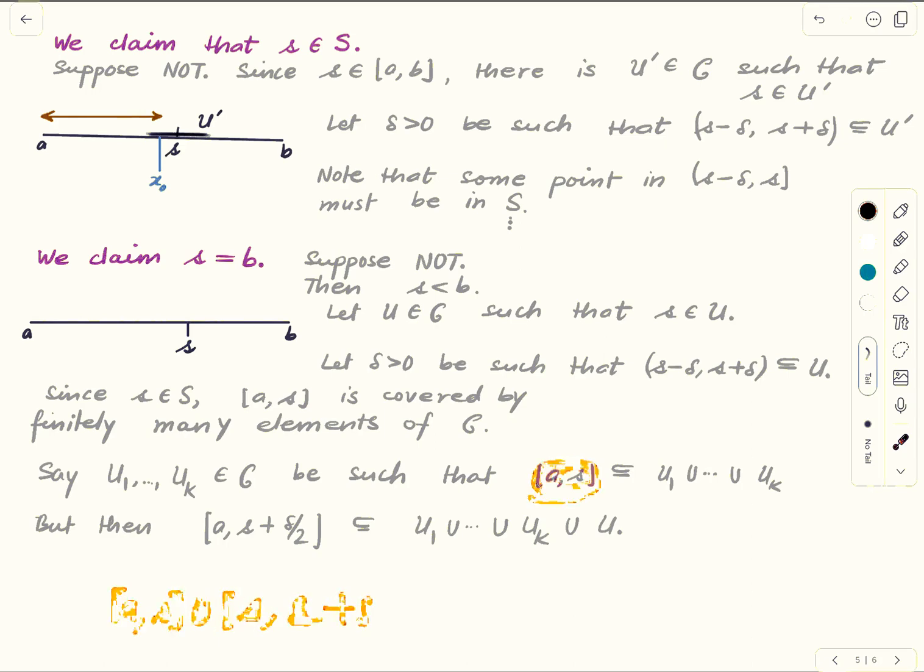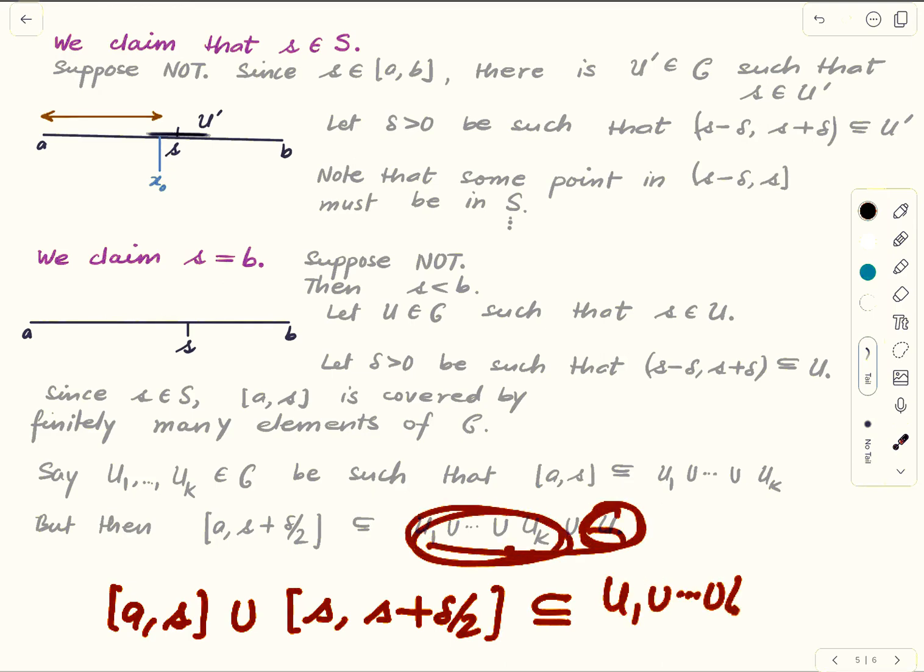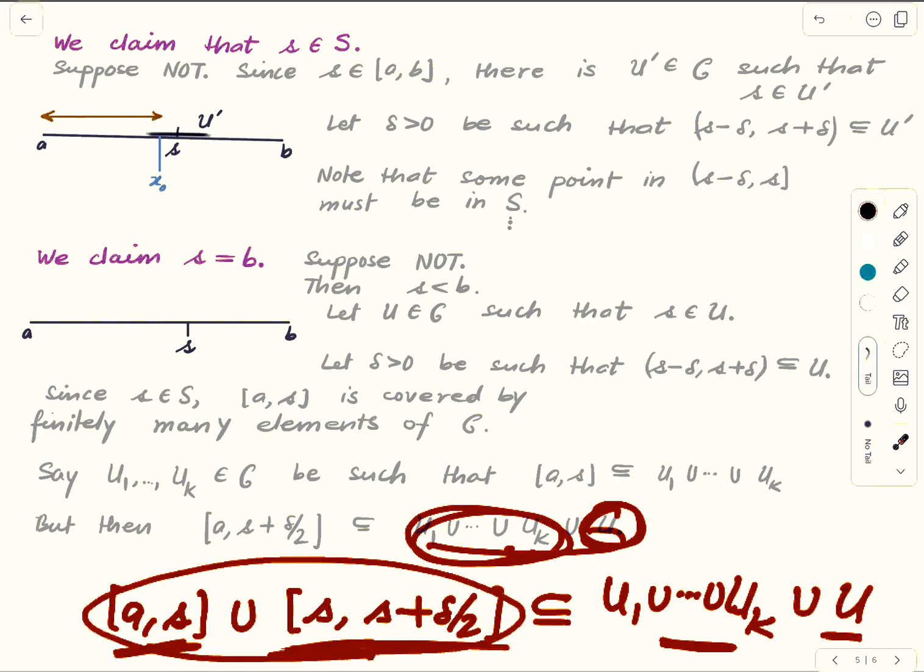Let me write that again. This closed interval union this closed interval is contained in this union: U1 union dot dot dot UK takes care of this part, and union U takes care of this part. So this thing is contained there.